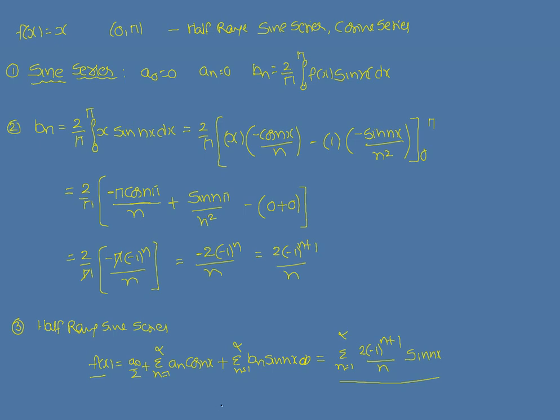Similarly, we have to find the half range cosine series for the same problem, f of x is equal to x. In the cosine series, a naught is equal to 2 by pi into integral 0 to pi f of x dx.